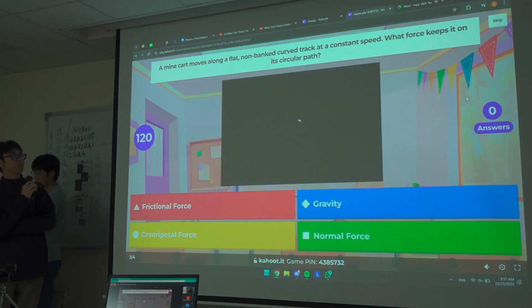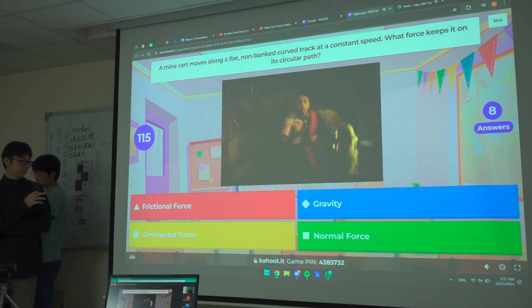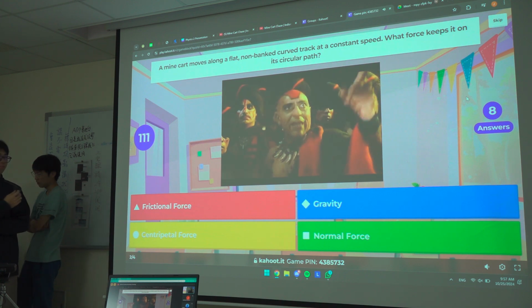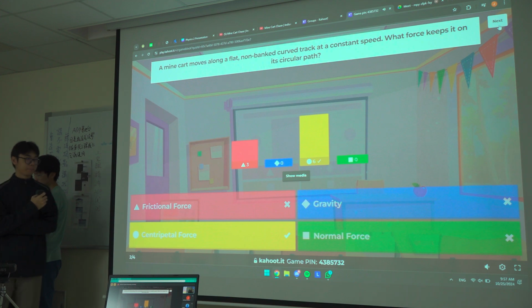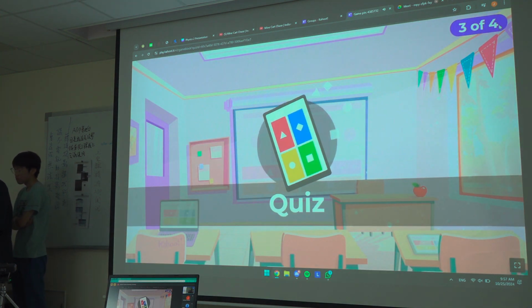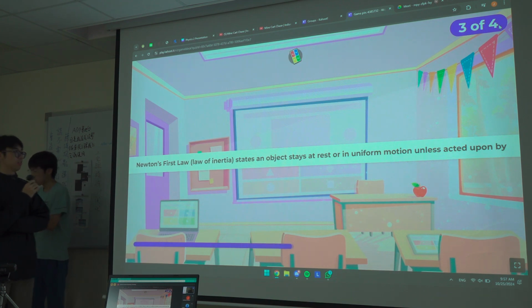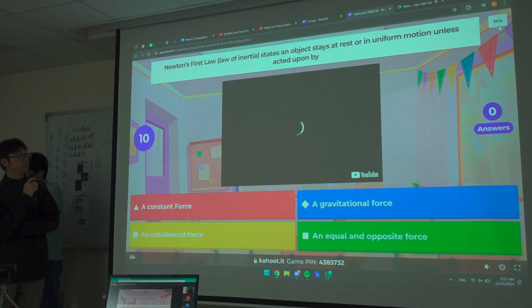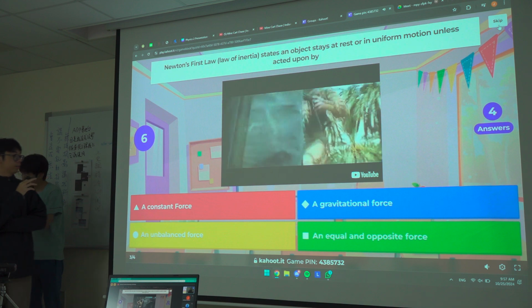What force keeps it on a circular path? Third question is, Newton's first law, the law of inertia, states an object stays at rest or in uniform motion unless acted upon by forces.